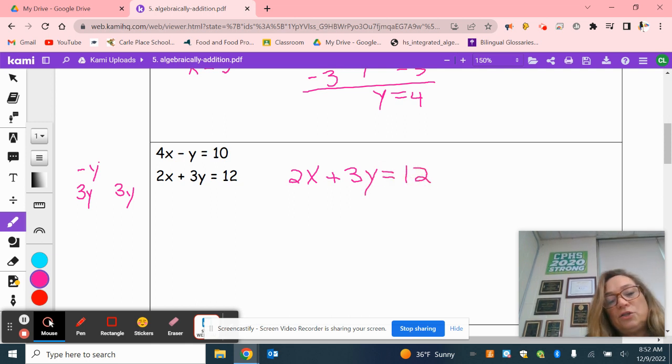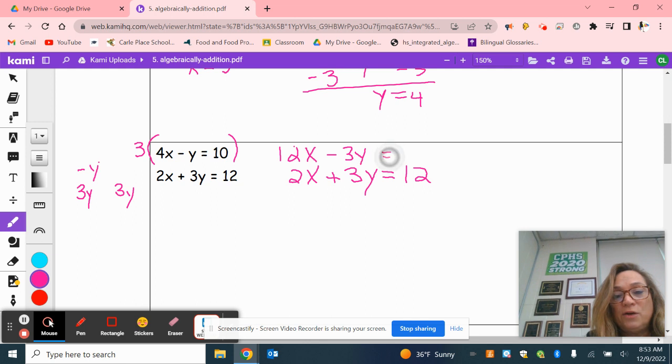And I want to make the top equation have a negative 3. So I'm going to multiply the entire top equation by 3. That gives me 12x subtract 3y equals 30. Now, the most common mistake is to not write a 30, is to write a 10.